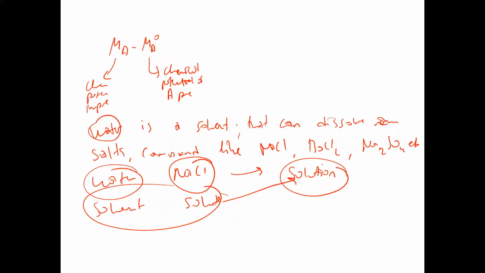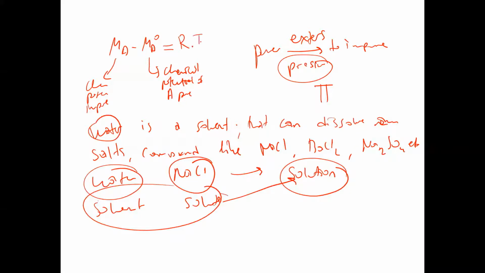The pressure inside the membrane with the impure water is greater than the pressure on the side with the pure water. So pure water exerts pressure to impure water, and we get a pressure, we call it pi. As you see here, the difference between the chemical potential of A in impure water and in the pure state is equal to R, gas constant, times temperature times ln XA.